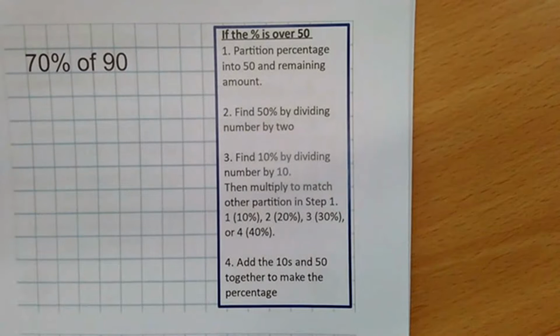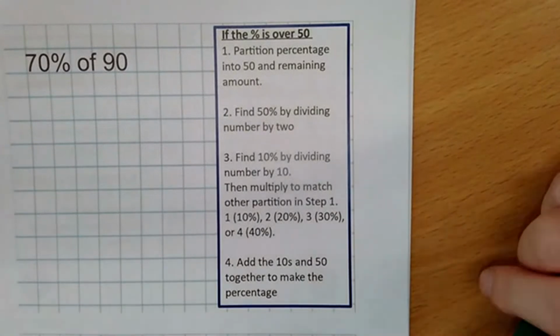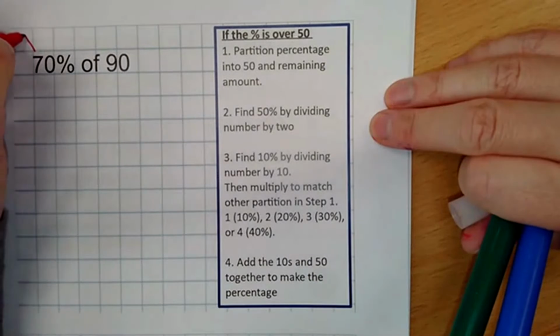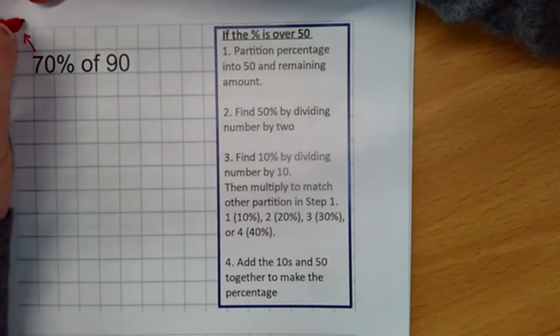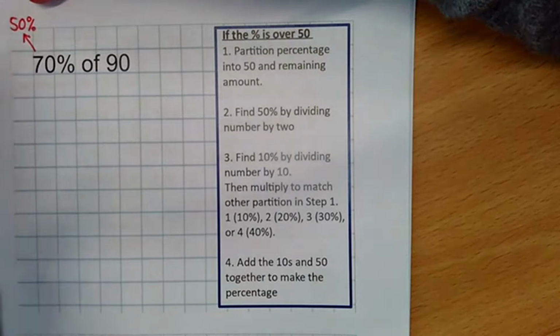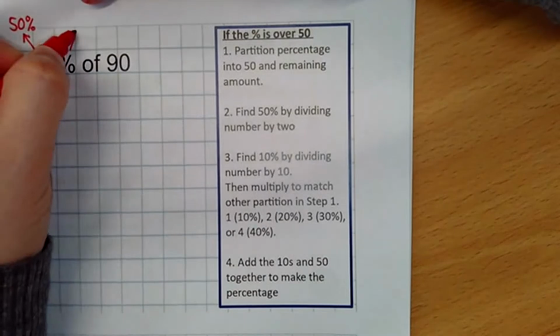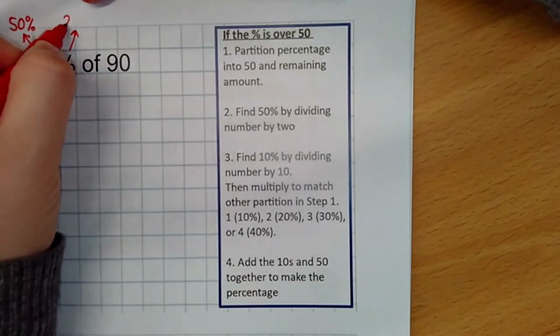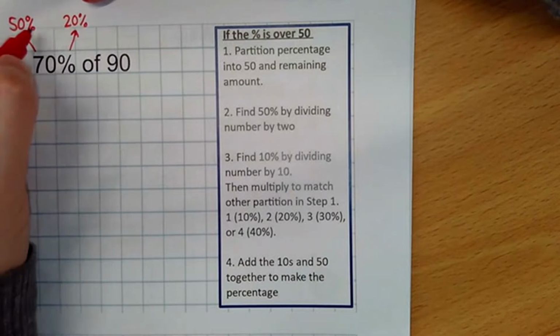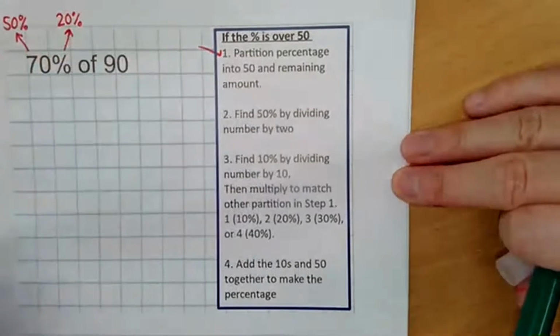Let's try this. 70% of 90. So first I'm going to partition my percentage. So I always start with 50% if it's over 50, and then the other is 20%. Okay, 50 plus 20 equals 70. Great.